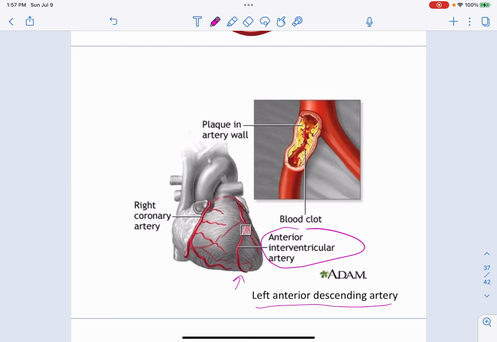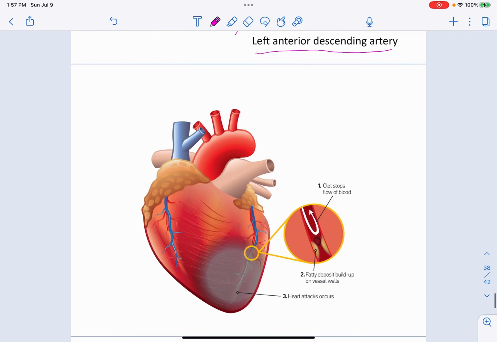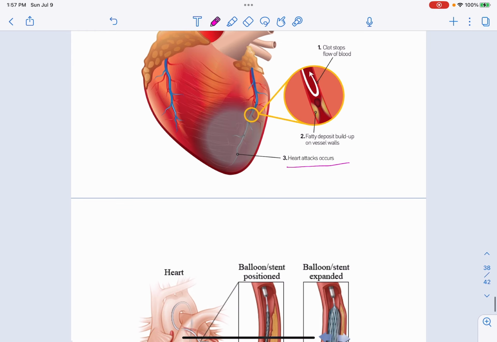So that's a common culprit to coronary artery disease. What happens is once you lose blood flow, all of those cardiac cells start to die, okay? And they no longer have the ability to pump because they are losing oxygen and nutrients, and you do not have a lot of time from when that happens.